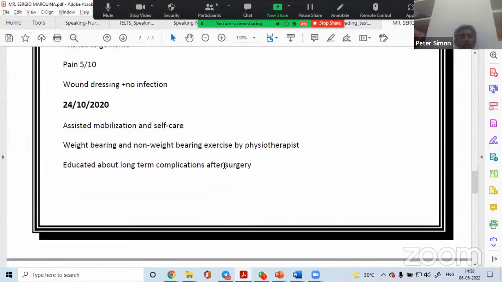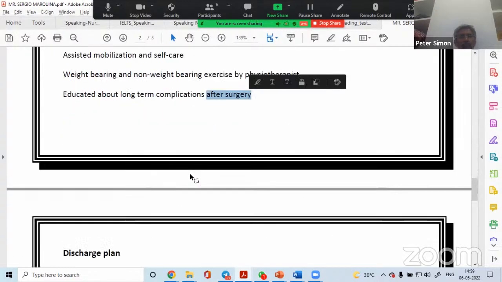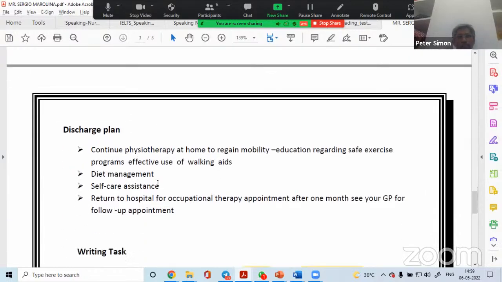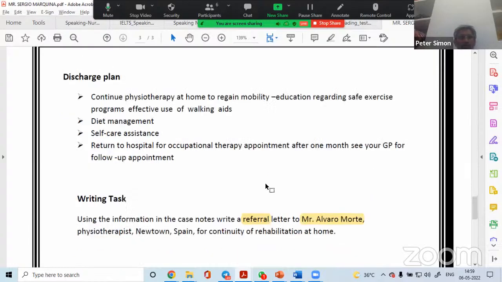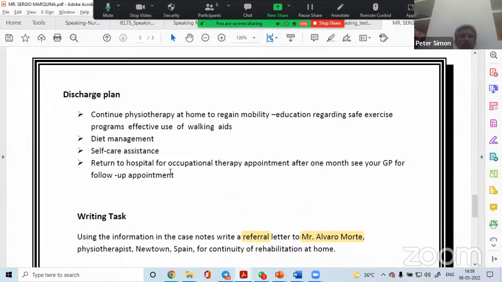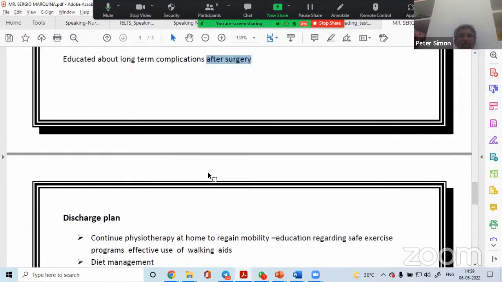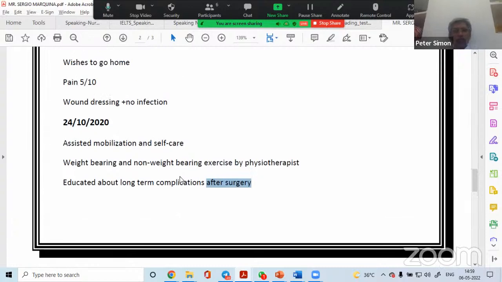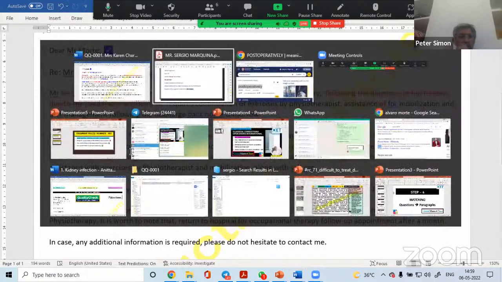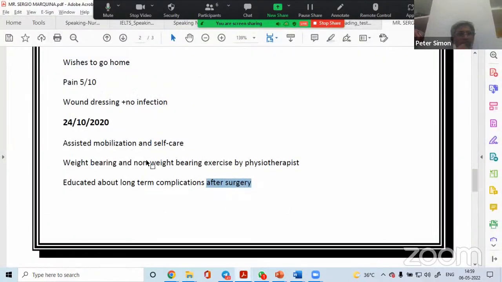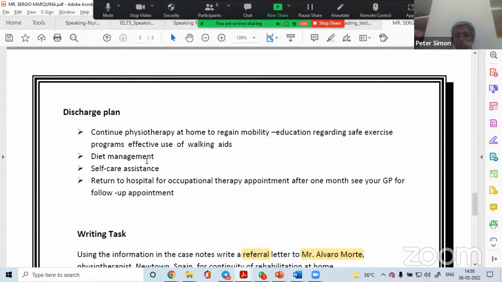After surgery. Post-operative. Nowhere is post-operative; it's your word. That's your mistake. Post-operatively, one word. Finish. Then next one: post-operatively, Marquina has been commenced on intravenous fluid therapy, morphine and transfusion.